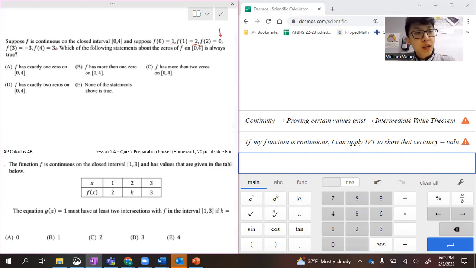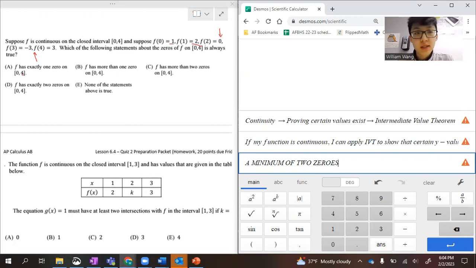Then -3 to 3, there's going to be another 0 here. So I'm going to put another arrow here. So there's going to be a minimum of 2 zeros, because I cross 0 at least 2 times.